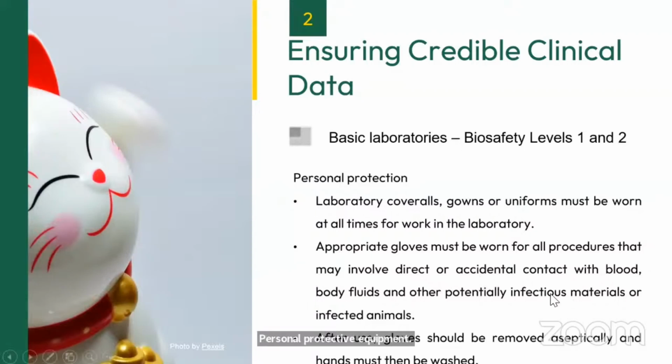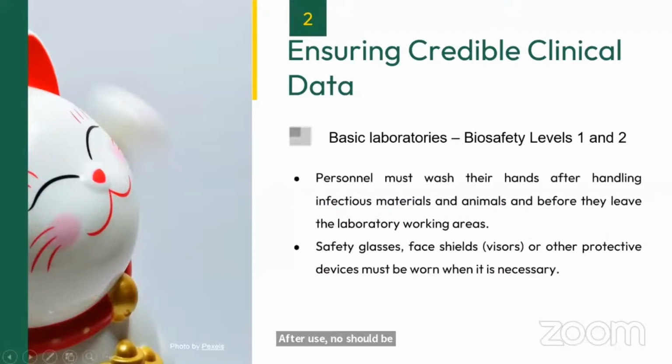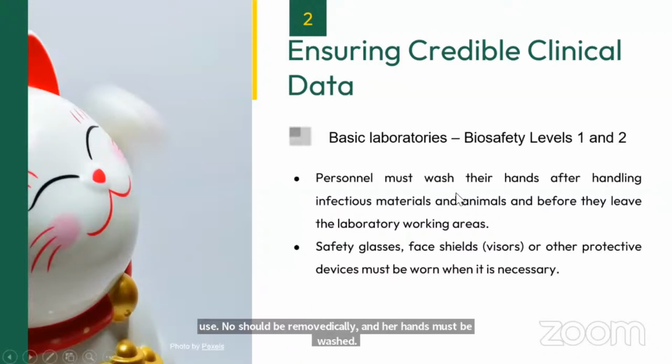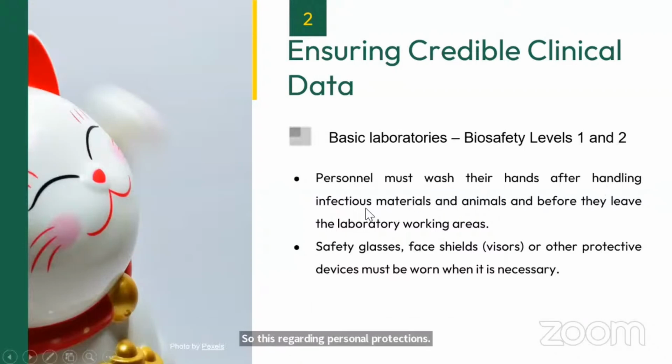After use, gloves should be removed aseptically and hands must be washed. So this is regarding personal protection. Personnel must wash their hands after handling infectious materials and animals before they leave the laboratory working areas. Again, it is repeating, you should wash your hands before leaving the laboratory area.